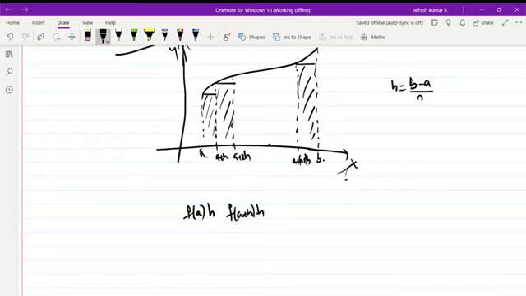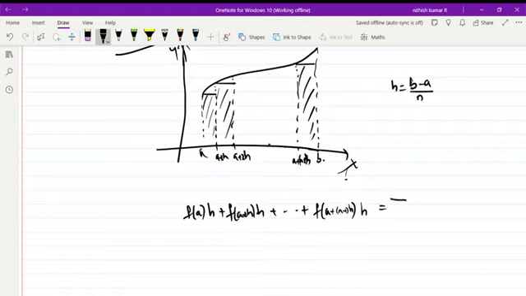Now if I add all the areas of these rectangles, it is up to f of A plus (n minus 1) h, times h. Now I'm not getting the exact area under the curve. I'm getting the area of these rectangles under this curve.